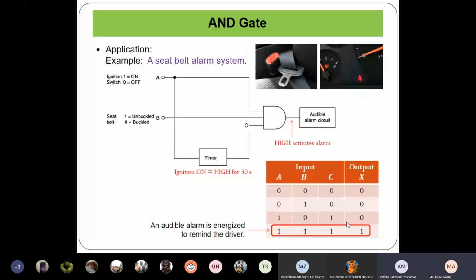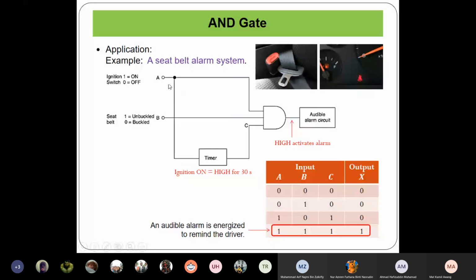Okay. So now, this is an example of the application of AND gates. A seatbelt alarm system. So a seatbelt alarm system, let's say that this is the truth table of the alarm system. You need to have all this, A, B, and C, to be high.